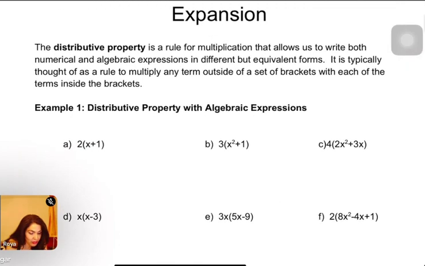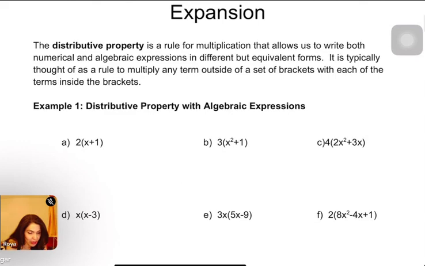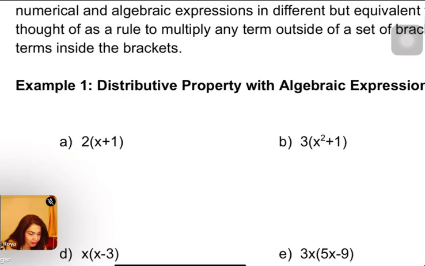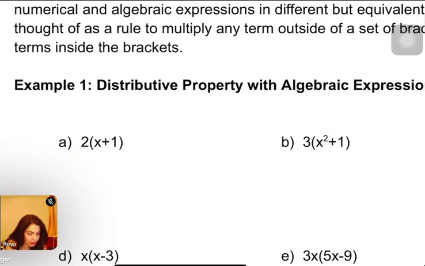First question, you have 2 and 2 is outside the bracket. It means that you need to multiply 2 by any term inside the bracket. So 2 multiplied by x and 2 multiplied by 1 equal to 2x plus 2.